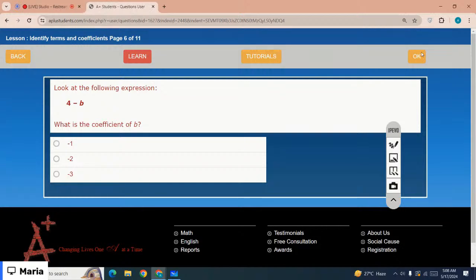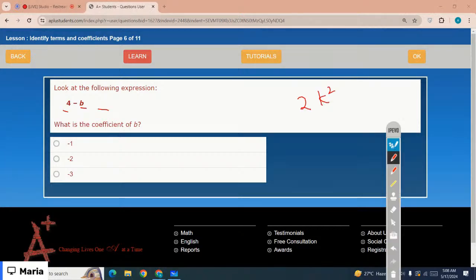Look at the following expression. What is the coefficient of b? You have to write down the coefficient of b. So if you are not given any number, that means the coefficient is 1. So you have a negative sign.